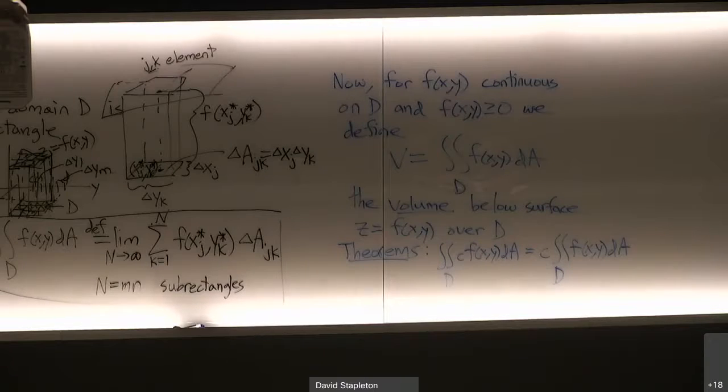So far we've just done rectangular regions, right? Then if f and g are such that the double integral of f of x, y dA over D and the double integral of g of x, y exist, meaning you get the same limit of the sum no matter how you partition and pick the points, then you can also calculate that the double integral of the sum or difference of the functions is the sum or difference of the integrals.